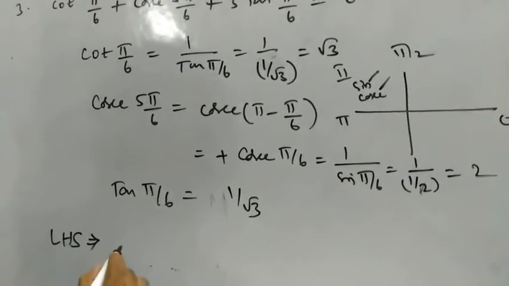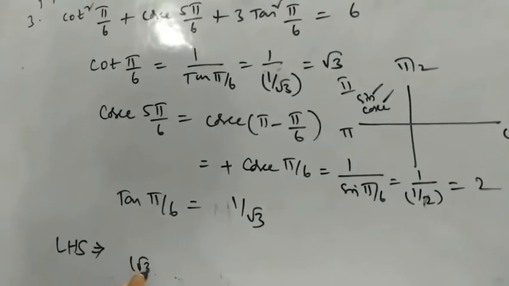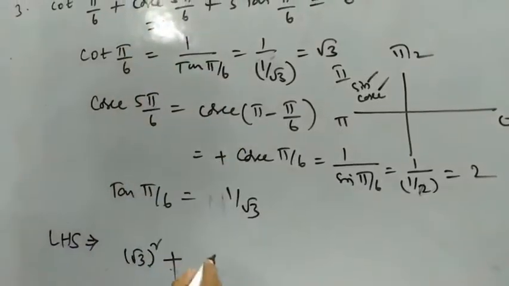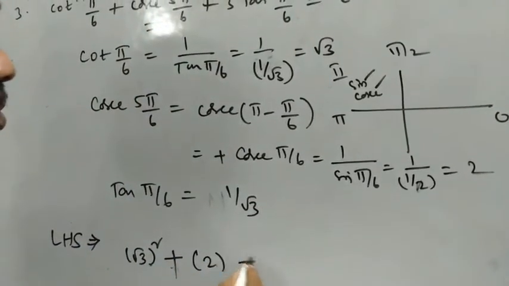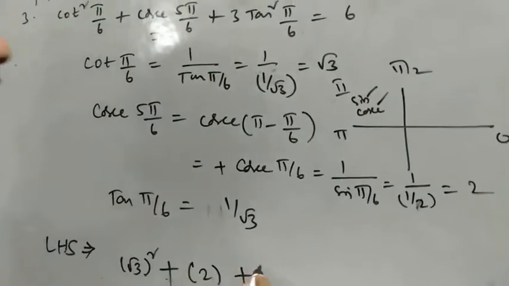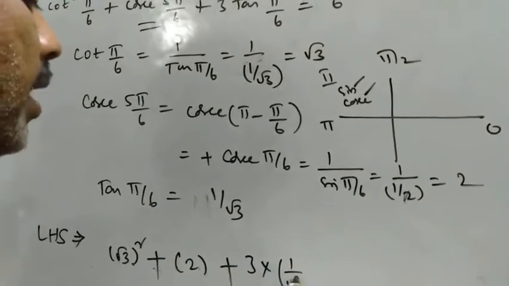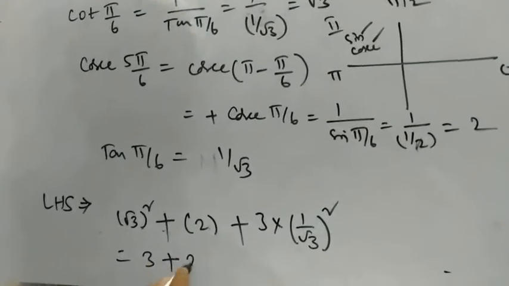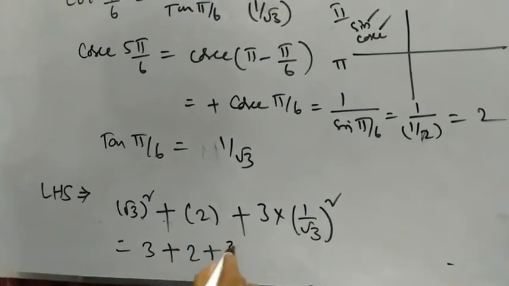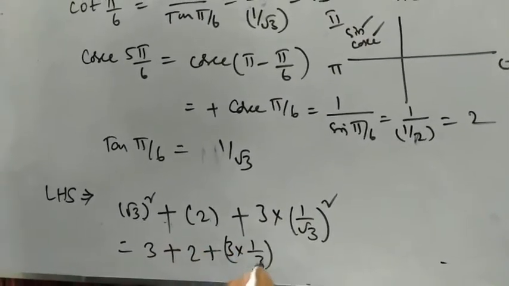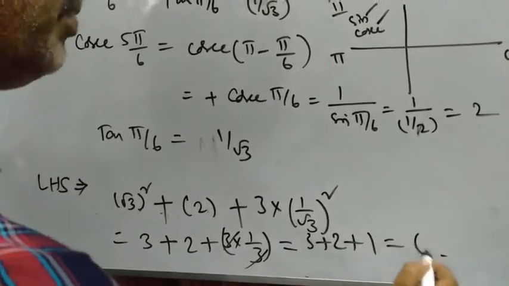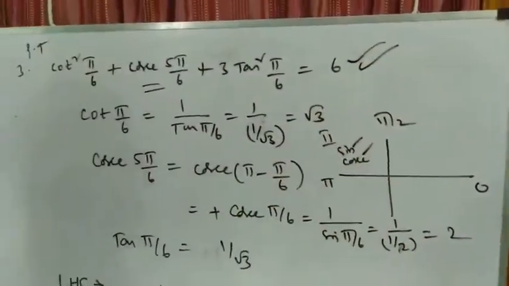The values are cot square pi by 6, root 3 whole square, plus cosecant 5 pi by 6, that is 2, plus 3 into 1 by root 3 whole square. That is 3 plus 2 plus 3 into 1 by 3. So 3 gets cancelled. 3 plus 2 plus 1 is equal to 6, which is the required solution.